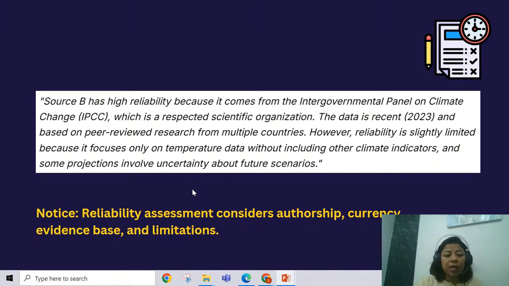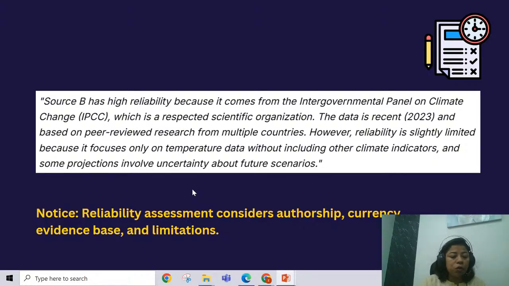So the sample answer that I've shared on the screen is: source B has high reliability because it comes from the Intergovernmental Panel on Climate Change. Okay, guys, right now I am only sharing how these keywords are utilized in questions and what kind of answers are there.